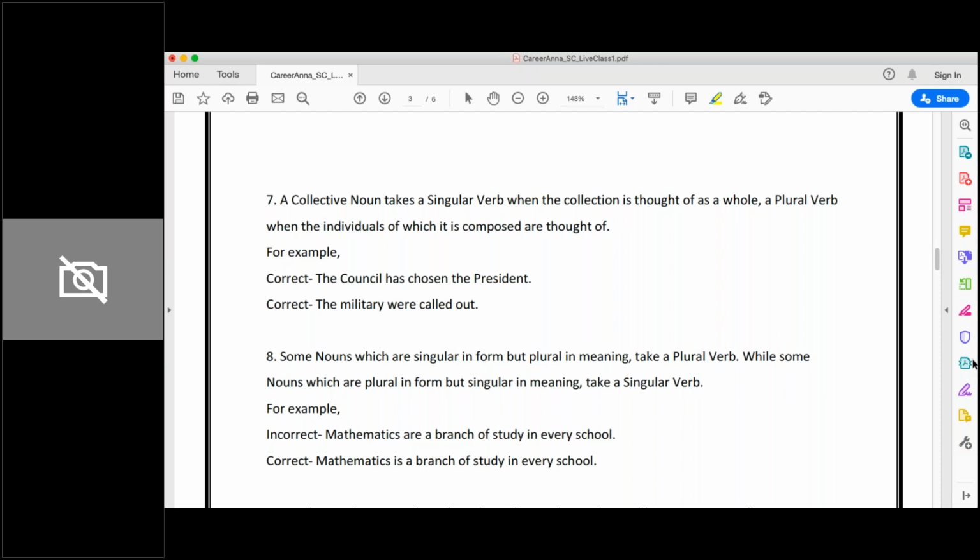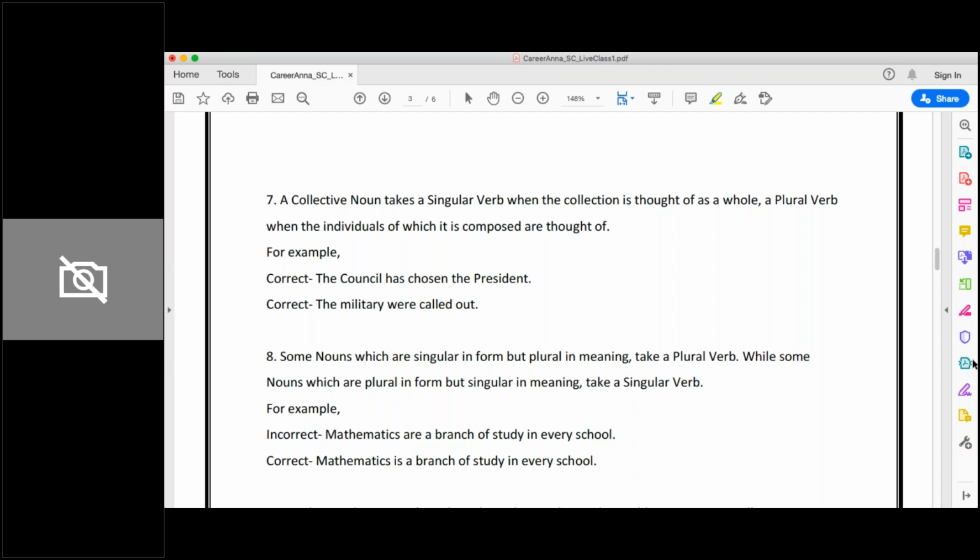The moment I say military of India, Chitranshi, I have limited it to one. I will now use a singular noun, the military of India. Chitranshi, there is a difference.